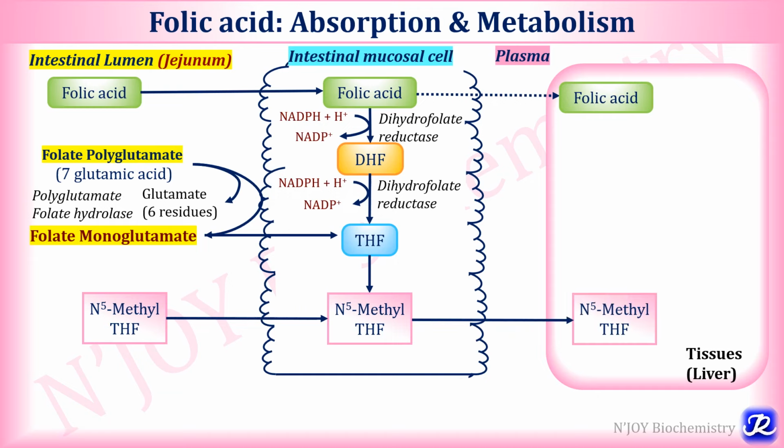And in this deficiency of vitamin B12 and methionine synthase, folate will be trapped in the form of N5-methyl tetrahydrofolate, which cannot be converted into any other forms of tetrahydrofolate. And that's how vitamin B12 deficiency is manifested as a folic acid deficiency because of this folate trap. So this is the important role of vitamin B12 in the folic acid metabolism.